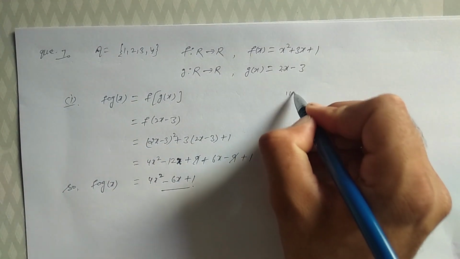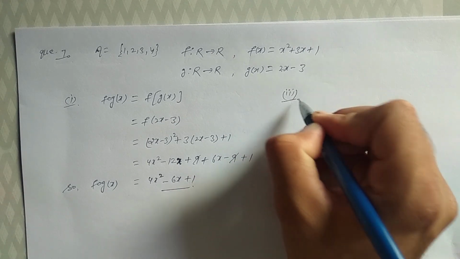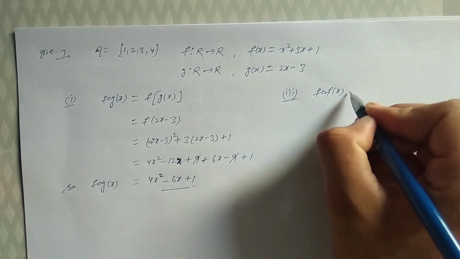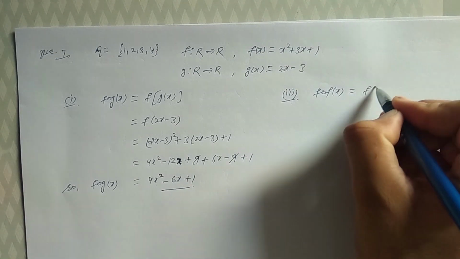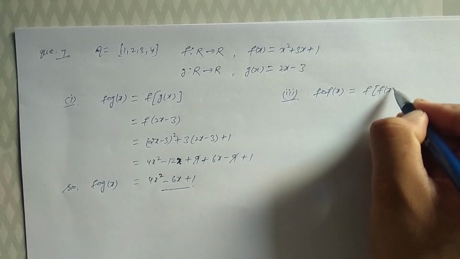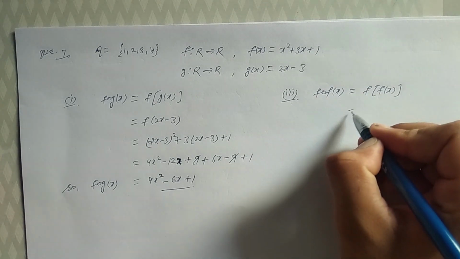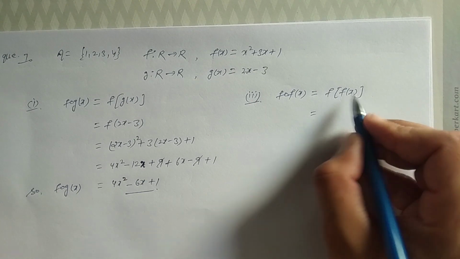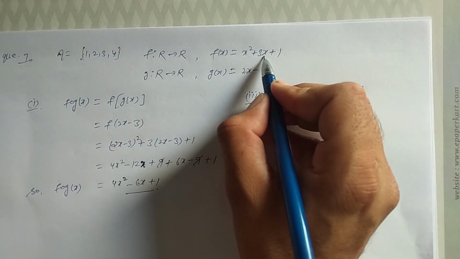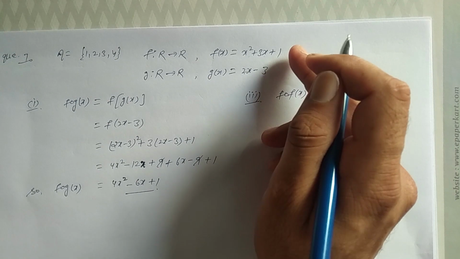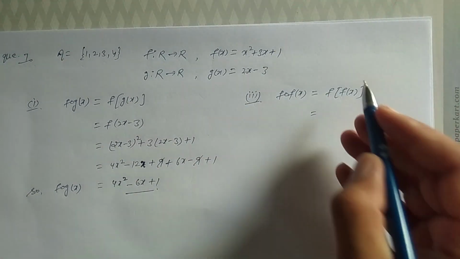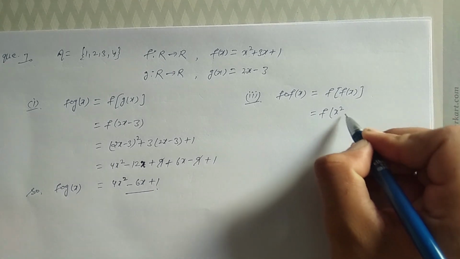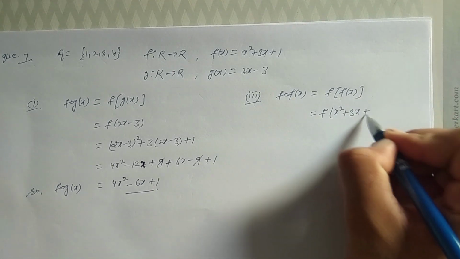Third part, fof(x) is equal to f(f(x)). f(x) is equal to x square plus 3x plus 1. Putting the value of f(x), f of x square plus 3x plus 1.